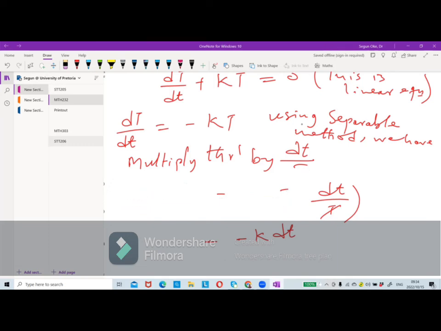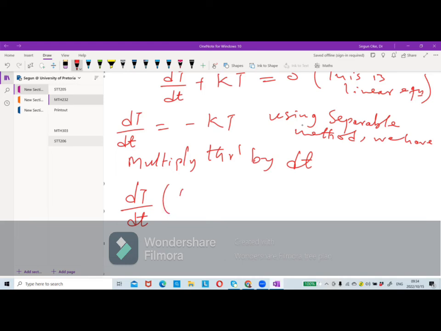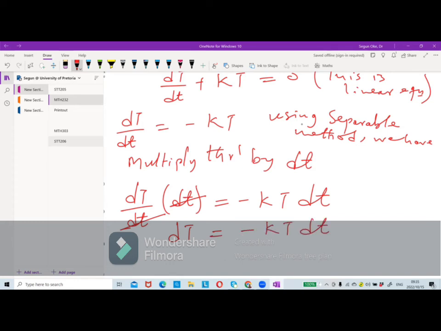Let me follow you. Okay, I get it. You said multiply through by dt. Yes, sir. Okay, dT/dt multiplied by dt equals minus kT dt. This one goes with this, remaining dT equals minus kT dt. So how do you solve it?